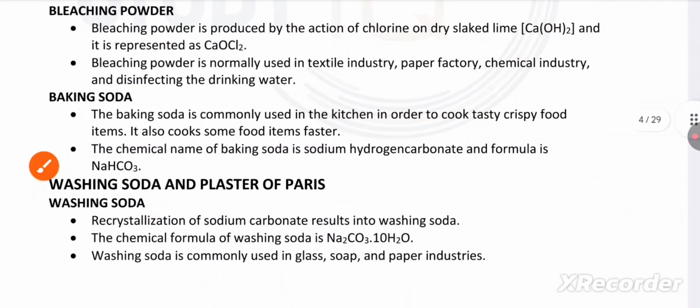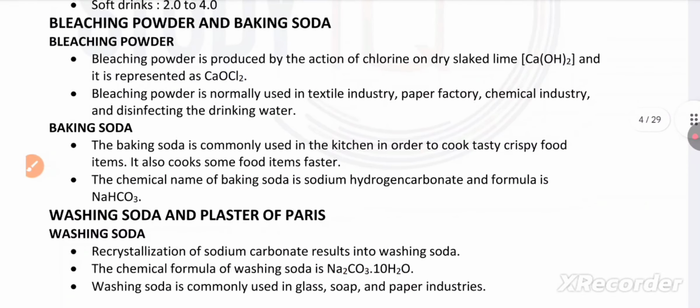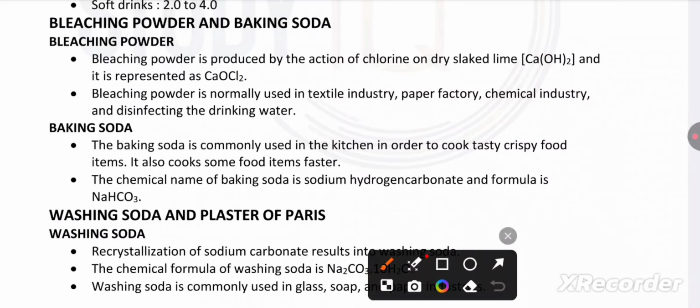Differences between bleaching powder and baking soda. Bleaching powder is produced by the action of chlorine on dry slaked lime, and it is represented as calcium oxychloride. Okay, calcium oxychloride, bleaching powder.